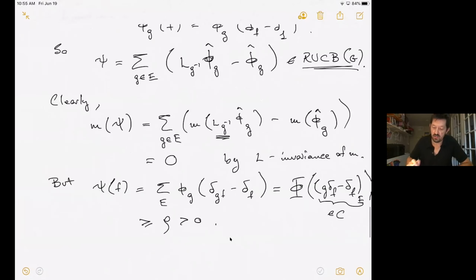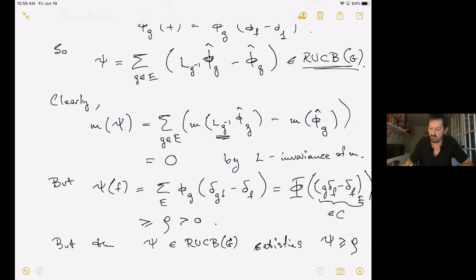So then this is a bounded right uniformly continuous function, and it is a positive function on which m, which is a mean, takes the value 0.